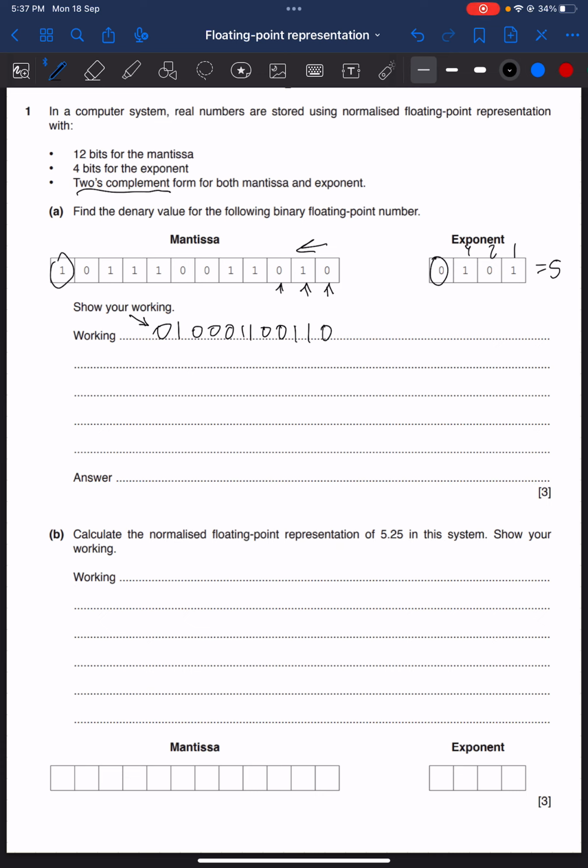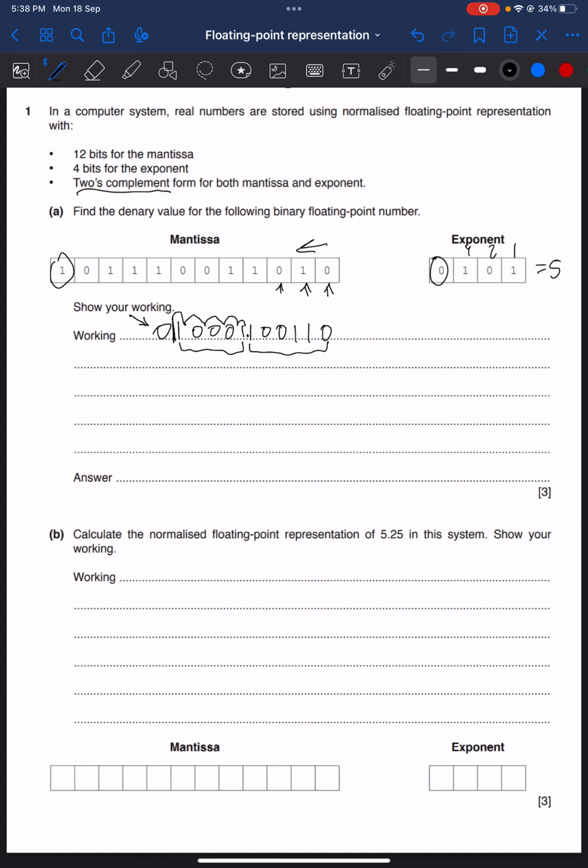Since the exponent is 5, we have to count backwards by 5 from between the 2 most significant bits. So 1, 2, 3, 4, 5. So we know the decimal point goes this way. This part represents the integer, and this part represents the decimal.